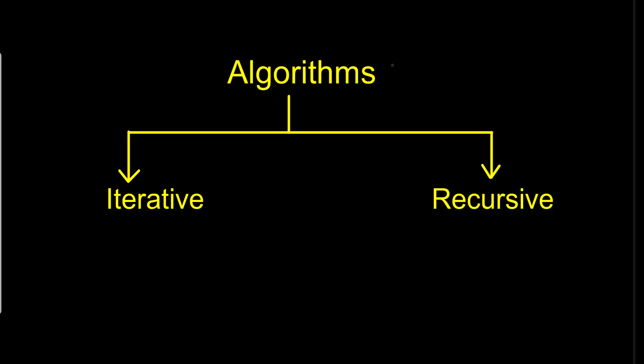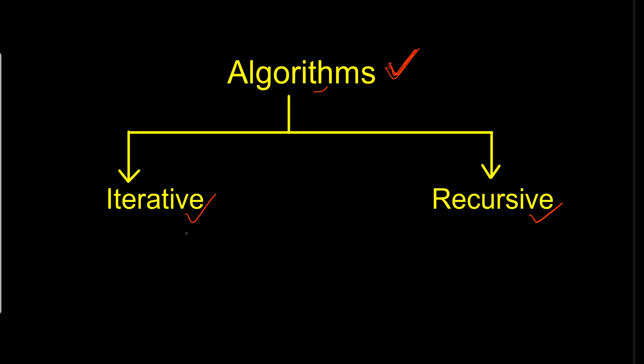For solving a problem, we can do it in two ways. First is iterative and the other is recursive. These two are the ways to solve the problem. We can't say that iterative is better in any way or recursion is better in any way.